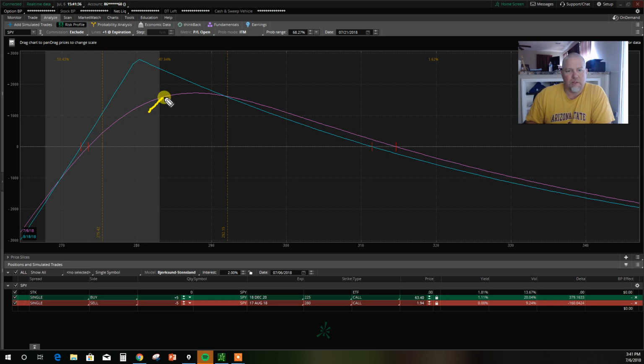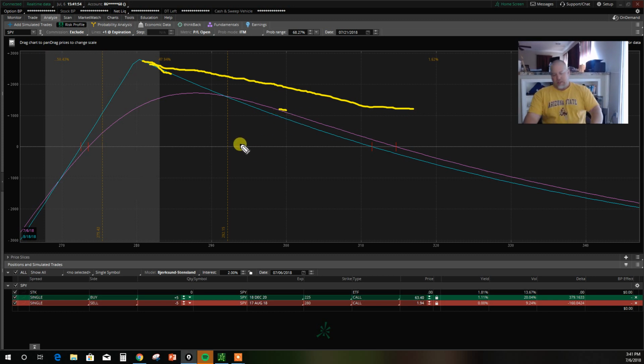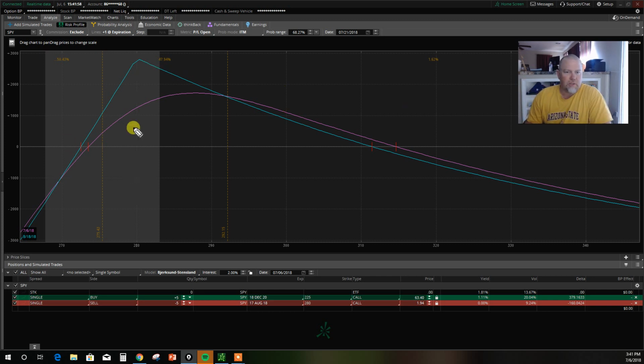Notice this is a pretty steep decline right here as it climbs up, but that line will shallow out as the delta on the leaps increases. As the delta on the leaps increases, this blue line tends to slope out more like this, and this purple line will continue to come up to meet it. So risk in this trade is to the downside. If the underlier goes down, we lose money.